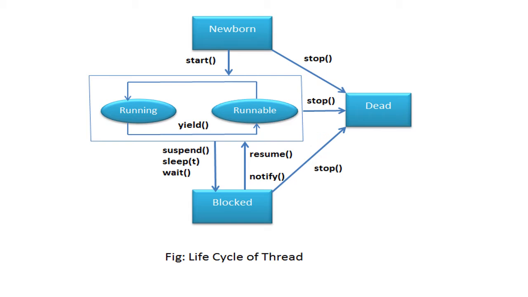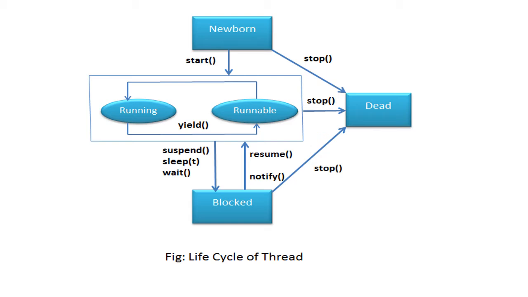Then we have the blocked state. In blocked state, the thread is actually alive but is not currently eligible to run. That is, it has been temporarily made to wait. This can happen by invoking methods like suspend, sleep, and wait.